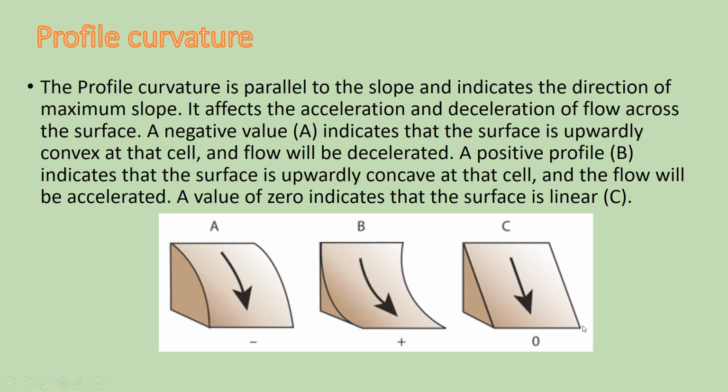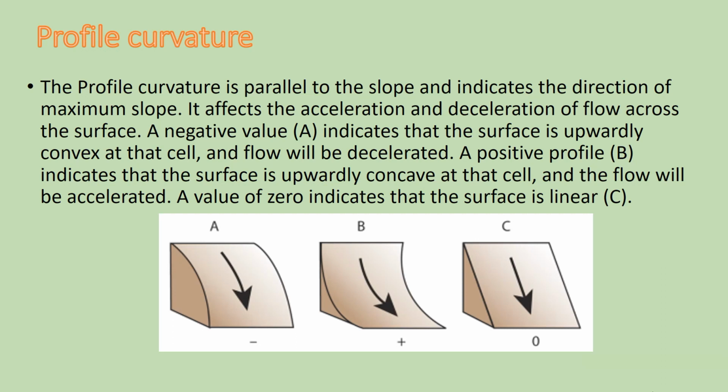Profile curvature. The profile curvature is parallel to the slope and indicates the direction of maximum slope. It affects the acceleration and deceleration of flow across the surface. A negative value indicates that the surface is upwardly convex at the cell and flow will be decelerated.